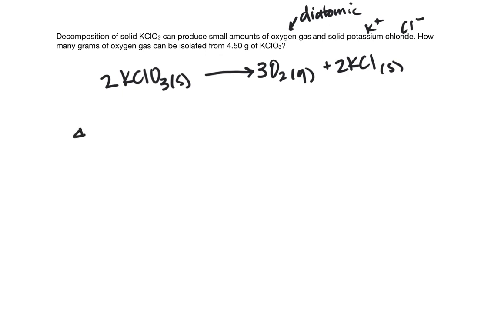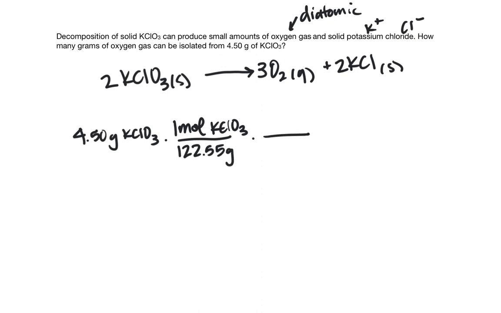So we're going to take our 4.50 grams of KClO3. Then we're going to convert that into 1 mole of KClO3 using the molar mass, which is 122.55 grams. So then we're going to use the stoichiometric ratio, the big numbers out front.